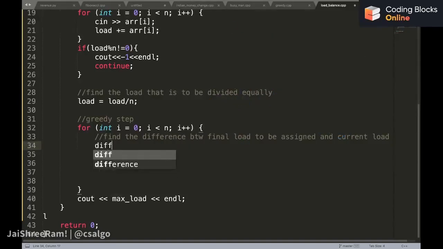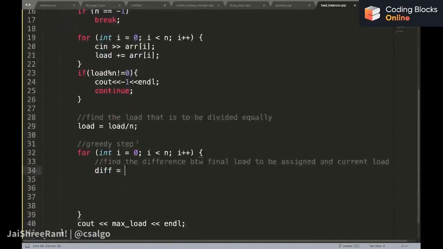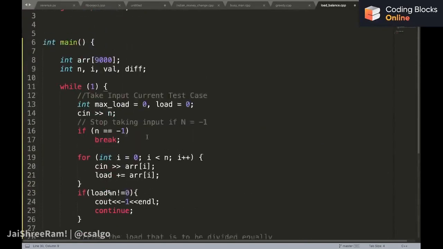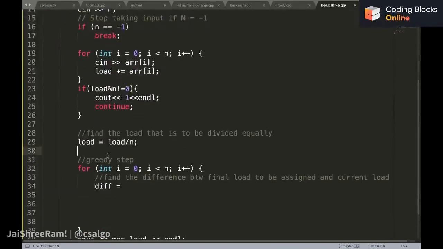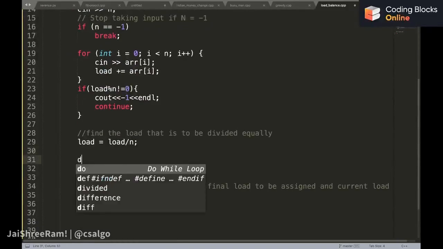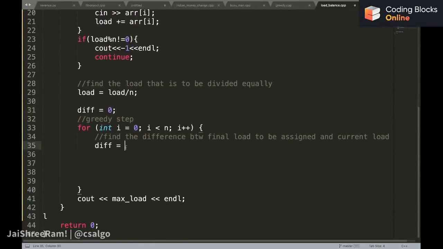So that's what we are trying to do here. Difference is initially 0, so we can make a variable here. For this case I can say difference is 0 in the beginning, and I can say difference plus equals array of i minus load.